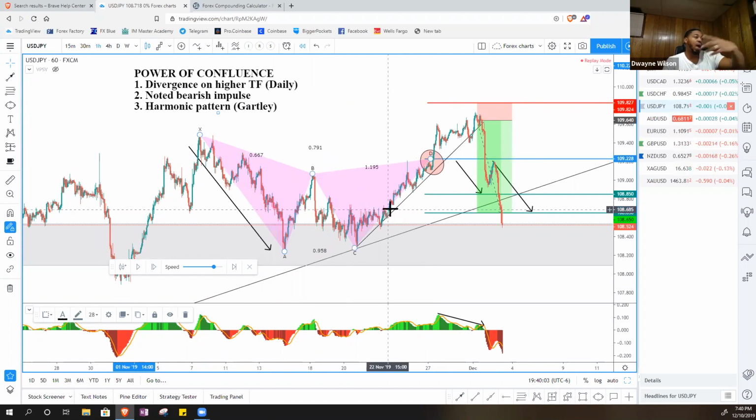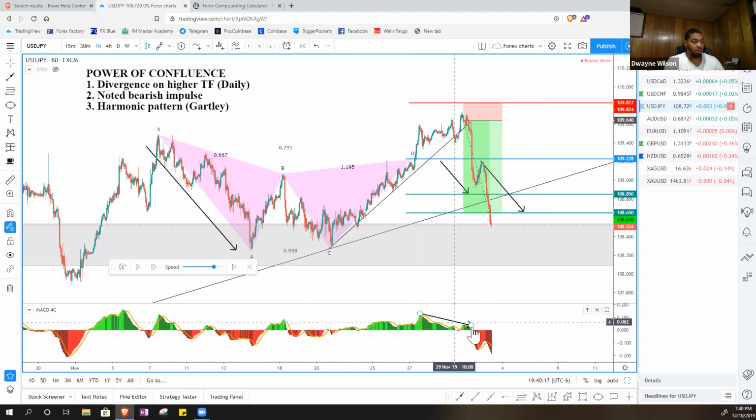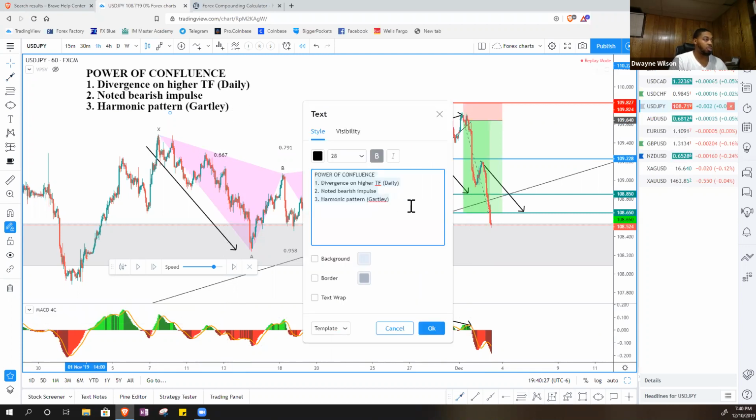Now, as we allowed the market to play out, we did not enter at the entry of the harmonic pattern. We allowed the market to play out. Then we noted divergence, even on a smaller time frame here. So again, the momentum indicator was going down while price was going up. Let's note that as well.